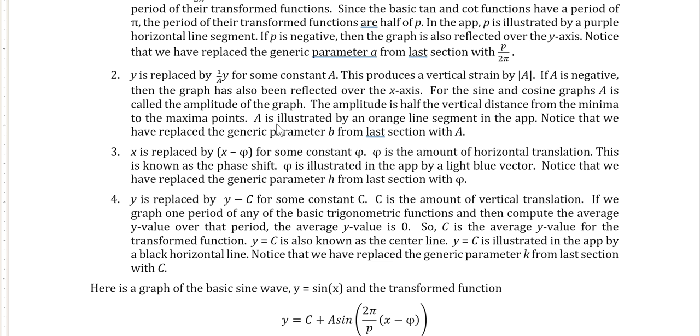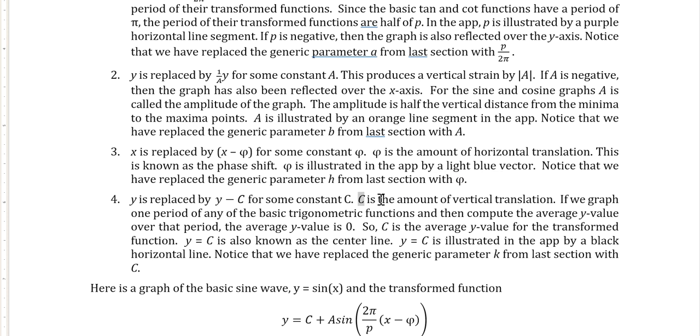If we graph any of the basic trig graphs over one period and compute the average y value over that period, that y value is 0. So c is the average y value for the transformed function.